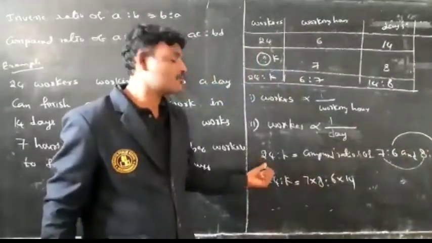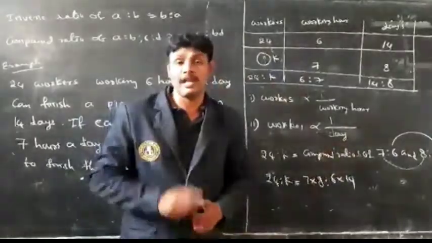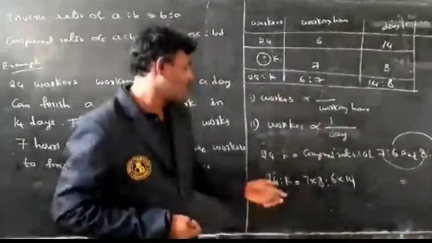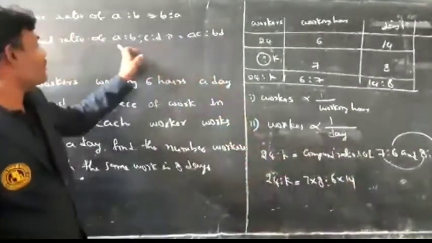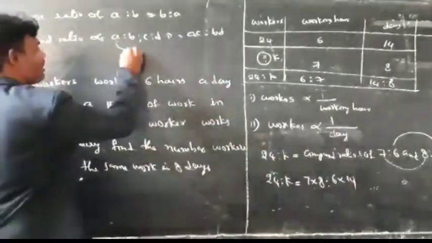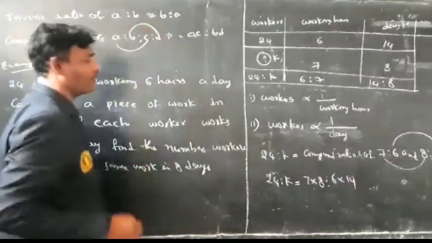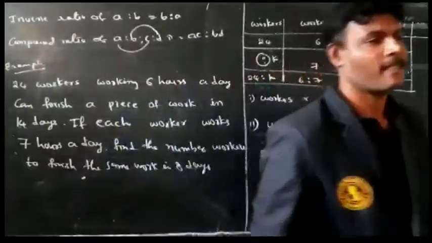So 24 is to K is equal to the compound ratio of 7 is to 6 and 8 is to 14. Already I said here, the compound ratio of A is to B and C is to D is A into C is to B into D. 7 into 8 is to 6 into 14.